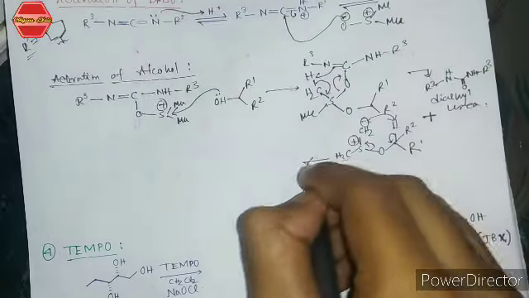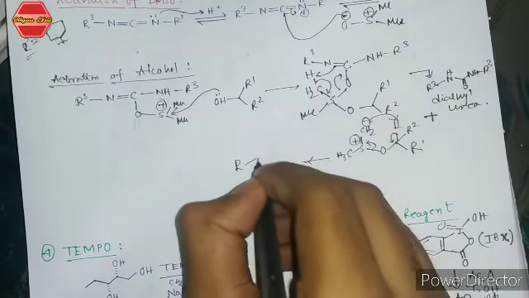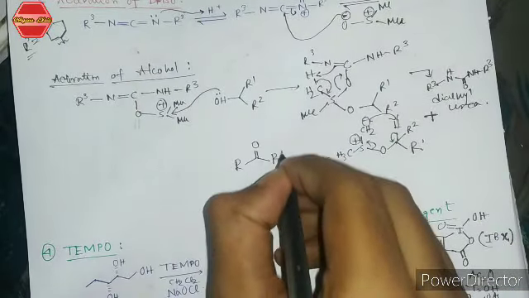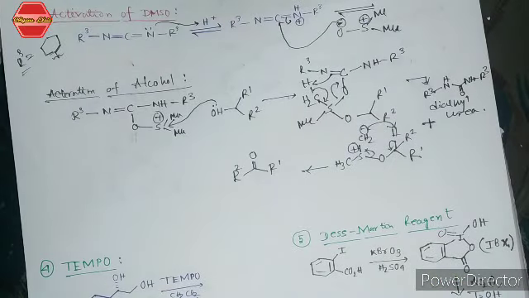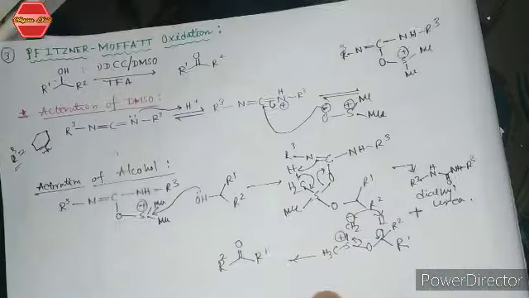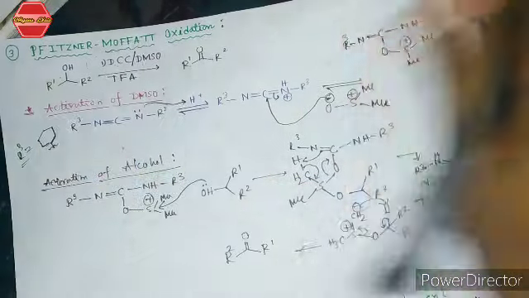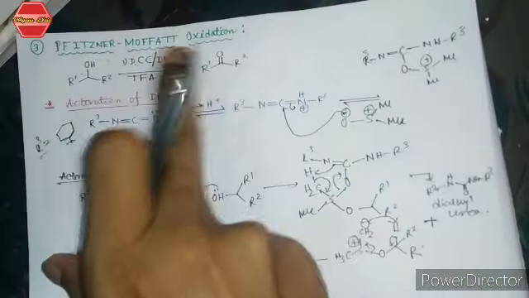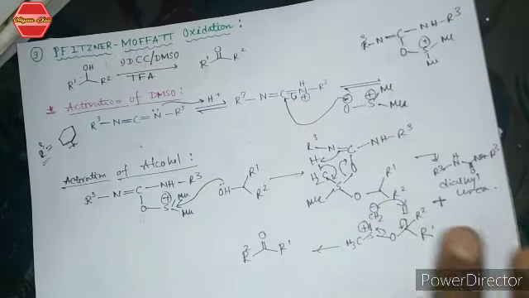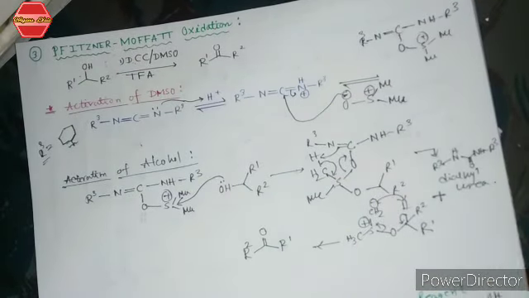So you can get your final product like this, that is R1 R2. Okay, so this is the overall importance of this Pfitzner-Moffatt oxidation. It is generally called Moffatt oxidation, and you have to put this type of reagent, and you will get a final answer. Okay, so this is the important thing.